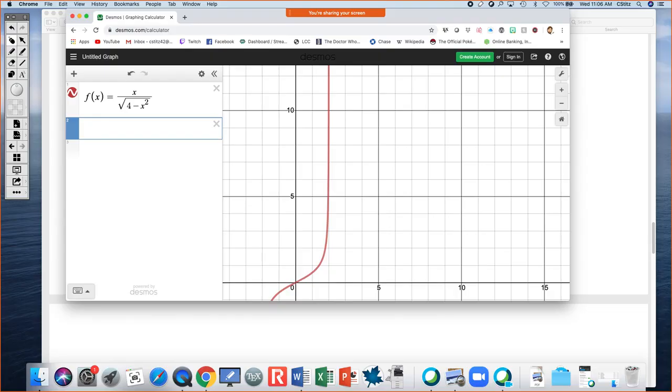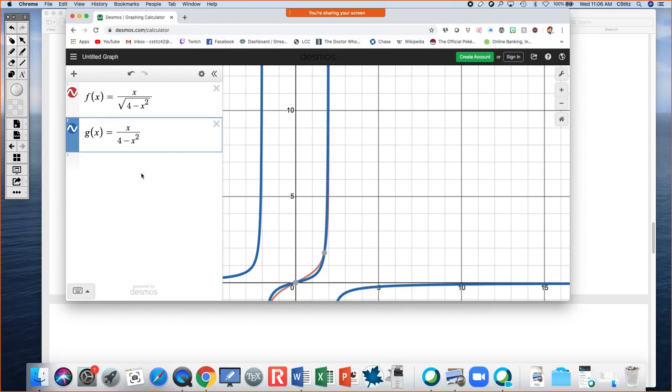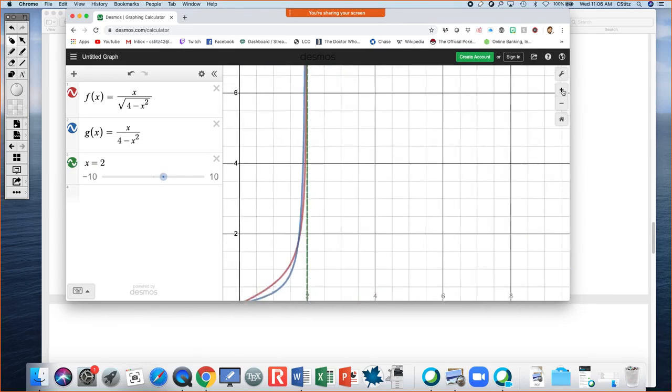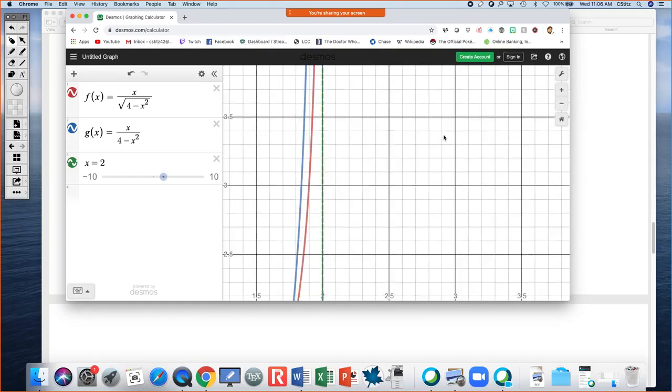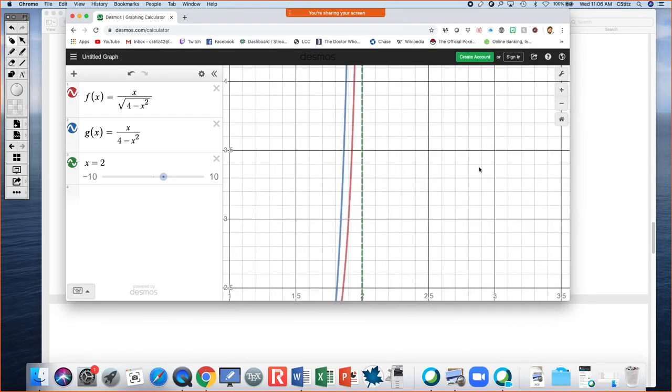And the second one, g of x, was x divided by 4 minus x squared. And let's look at what's going on here near x equals 2. We'll make that a dotted line here. Okay, so let's zoom in. Hopefully you see this is a similar picture to the one we had when we looked at the other integrals at the beginning of class. We're just kind of turned sideways.